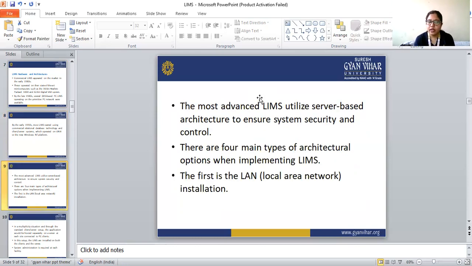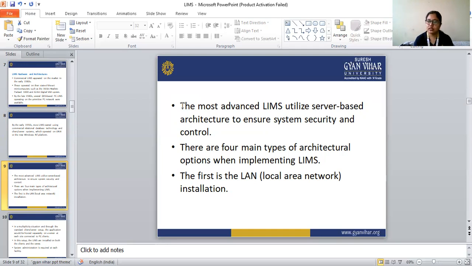The most advanced LIMS utilize server-based architecture to ensure system security and control. So the most advanced LIMS contain the server-based architecture to ensure the security and the control.